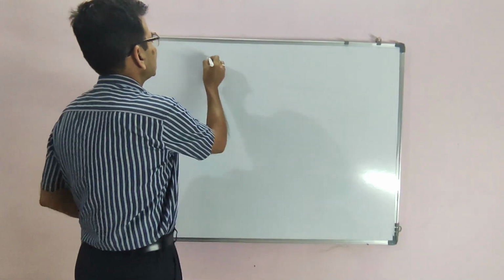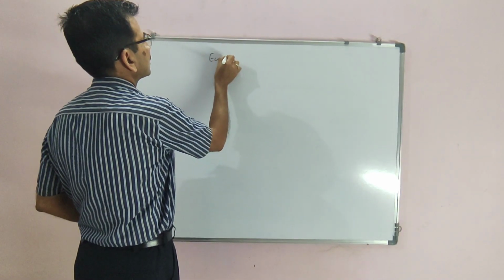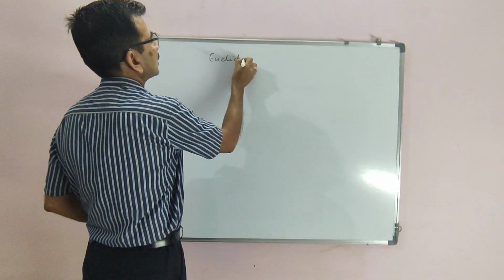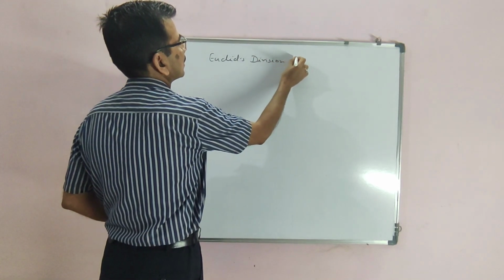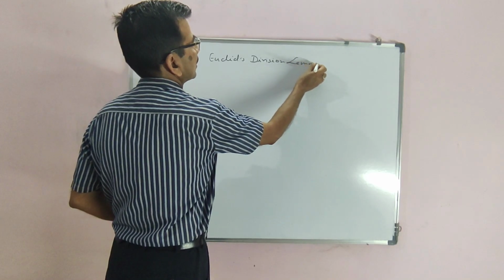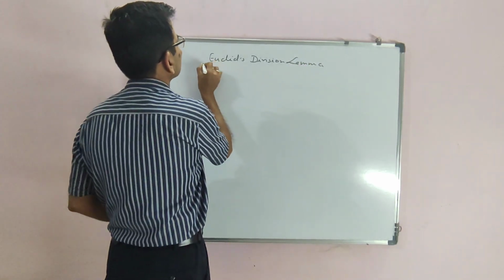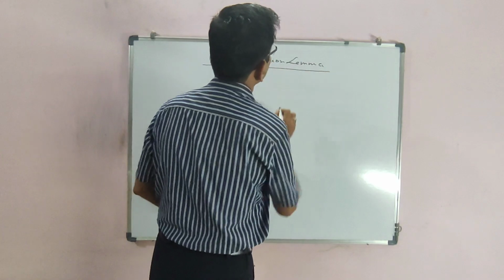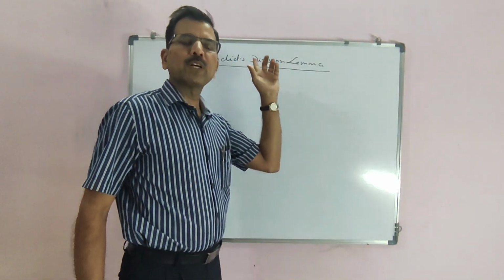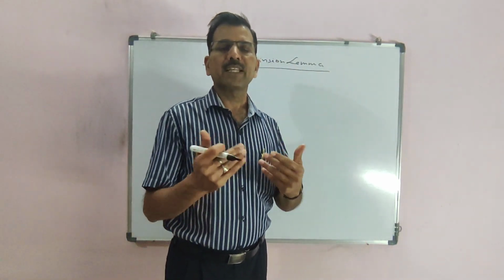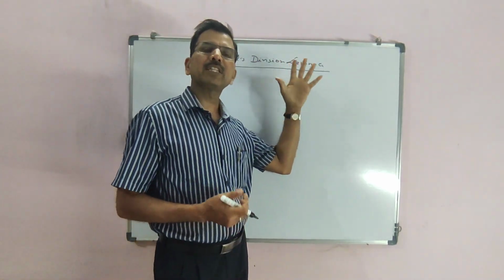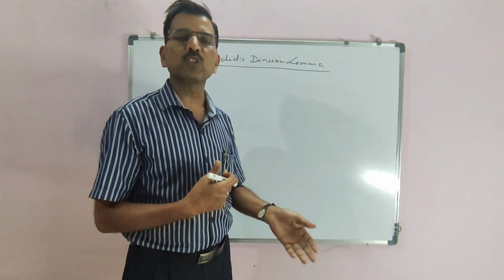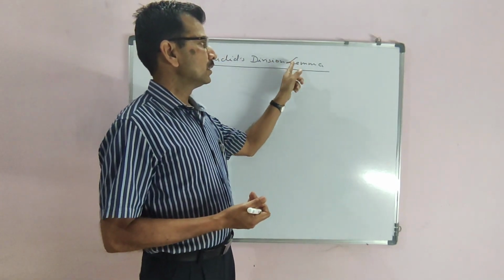So, Euclid's division lemma. Euclid is a famous name, the name of a mathematician. Division, we know, is when we divide a number by another number, we get a quotient, remainder, and so on.